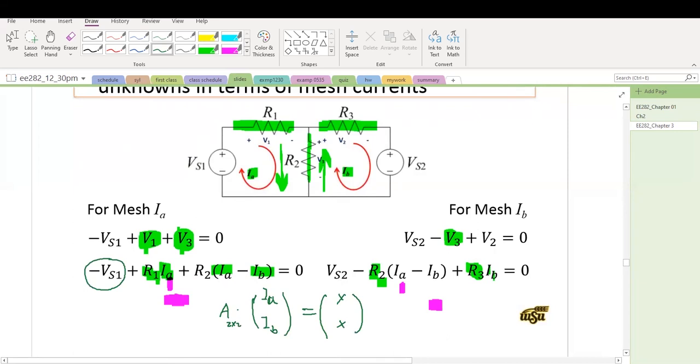You organize these two equations into a matrix form, with IA and IB, and basically you have this format: A x equals B, so x equals A inverse multiplied by B.